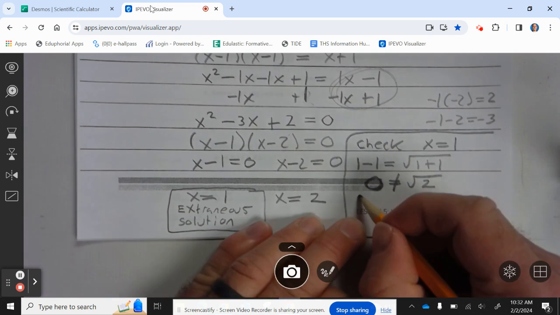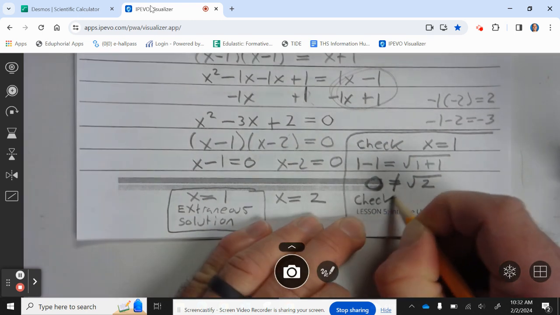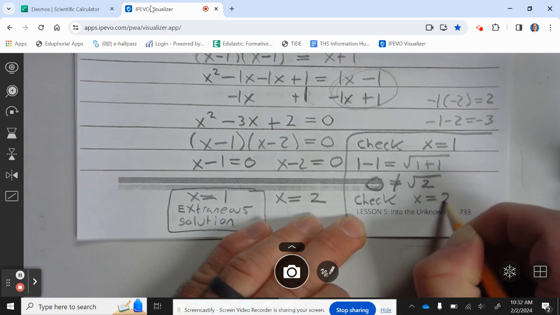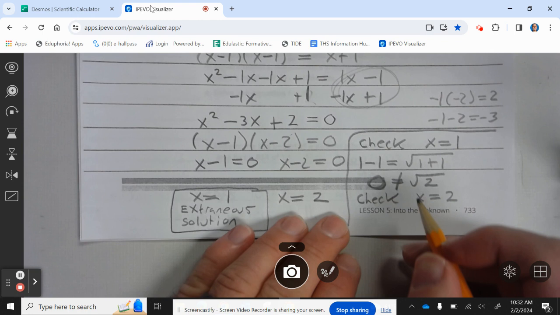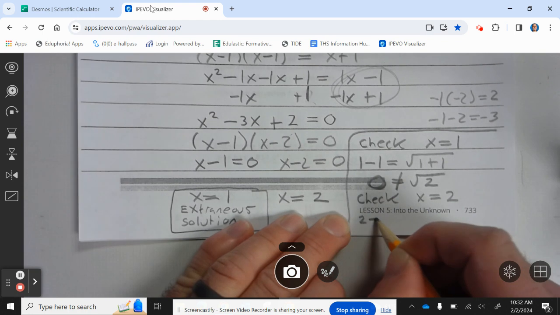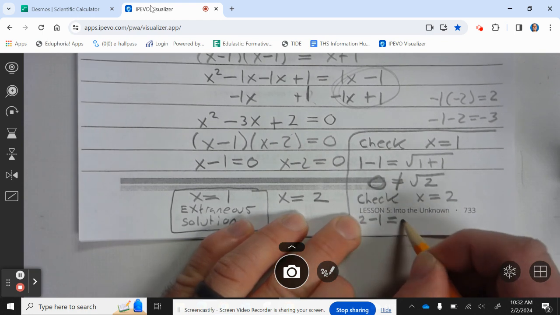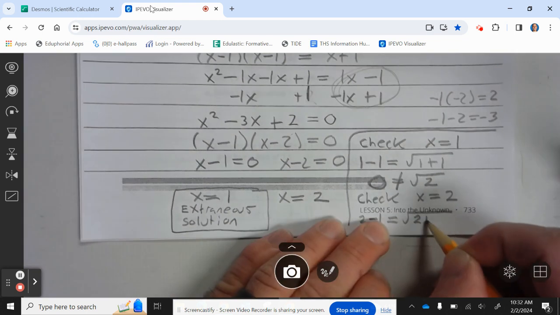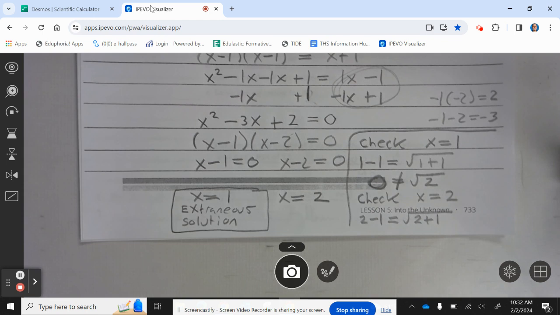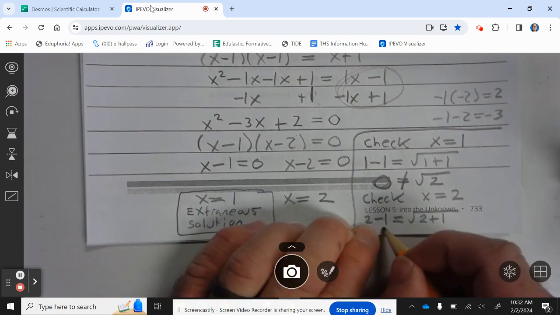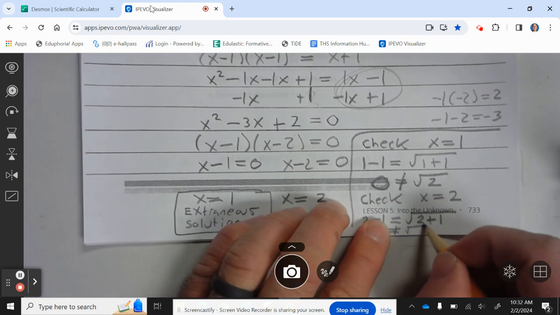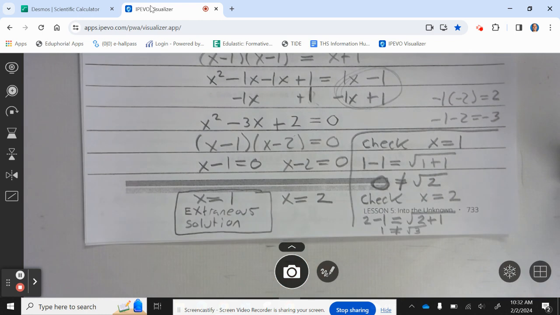All right, let's check x equals 2. So we do 2 minus 1 equals the square root of 2 plus 1. So then you get 1 not equal to the square root of 3.